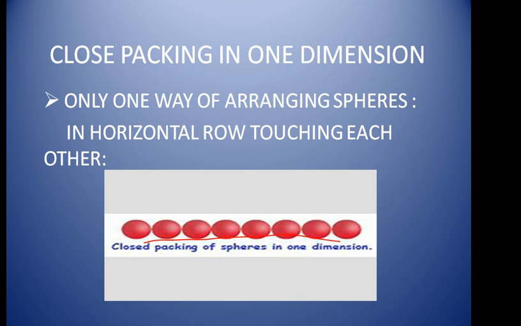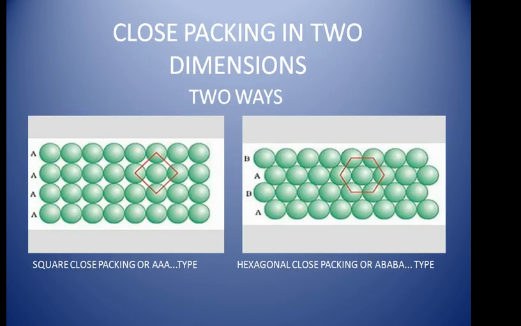Now I am coming to the close packing in two dimensions. In case of close packing in two dimensions, you have two possible ways. One is this one, where each line is similar. This one and the next one, these two are similar. If you keep them similar, that is one type of arrangement.